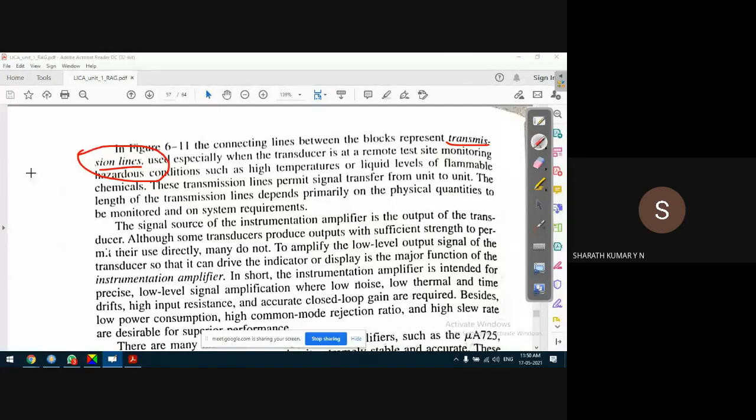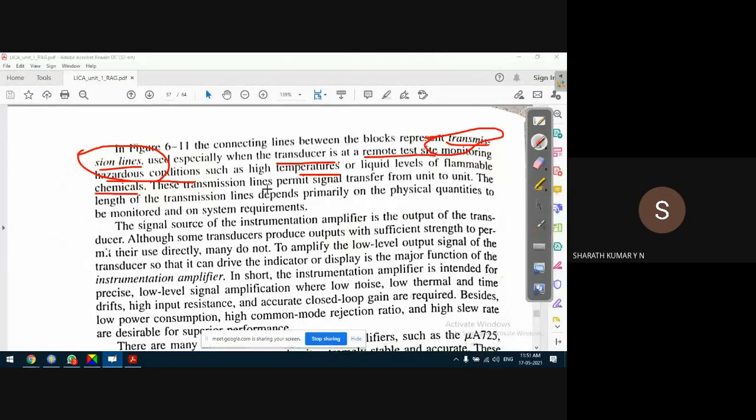For longer distance communication, wireless methods are employed, especially when the transducer is at a remote site monitoring hazardous conditions, for example high temperature liquids in a nuclear plant, where the temperature is being measured and human beings cannot be physically present to monitor. In that case, various wireless communications are used to monitor the parameter.